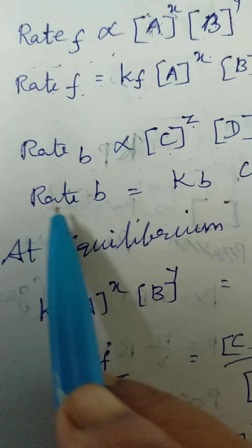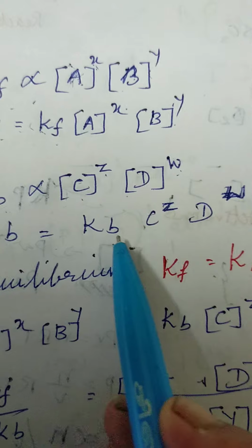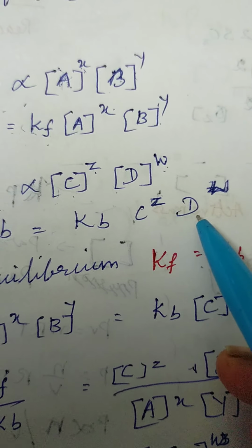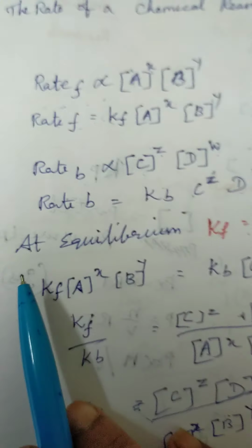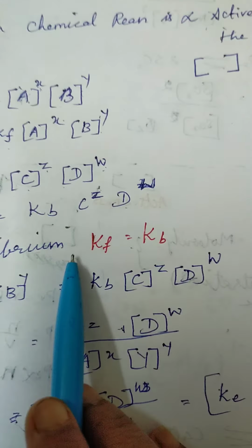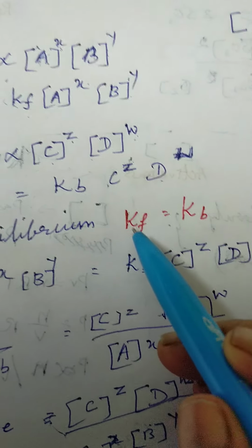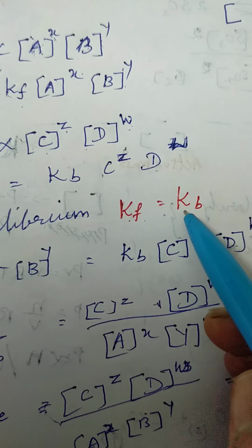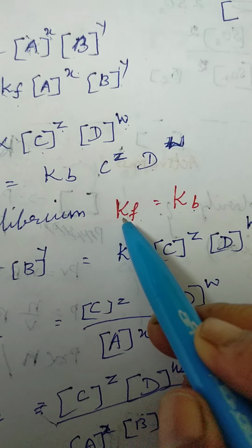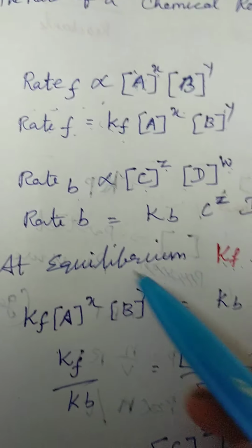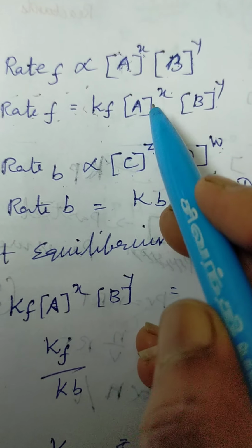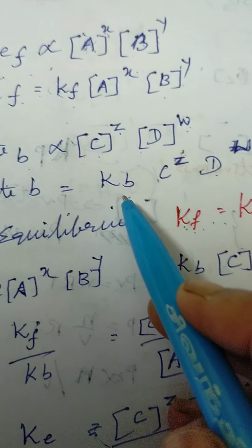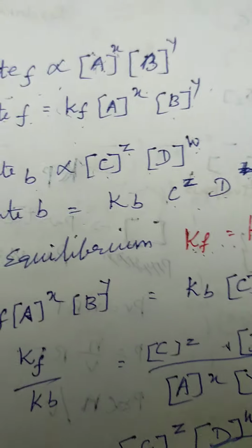So the rate of backward reaction is equal to Kb [C]^z [D]^w. At equilibrium we know that the rate of forward reaction is equal to the rate of backward reaction. So Kf [A]^x [B]^y equals Kb [C]^z [D]^w.